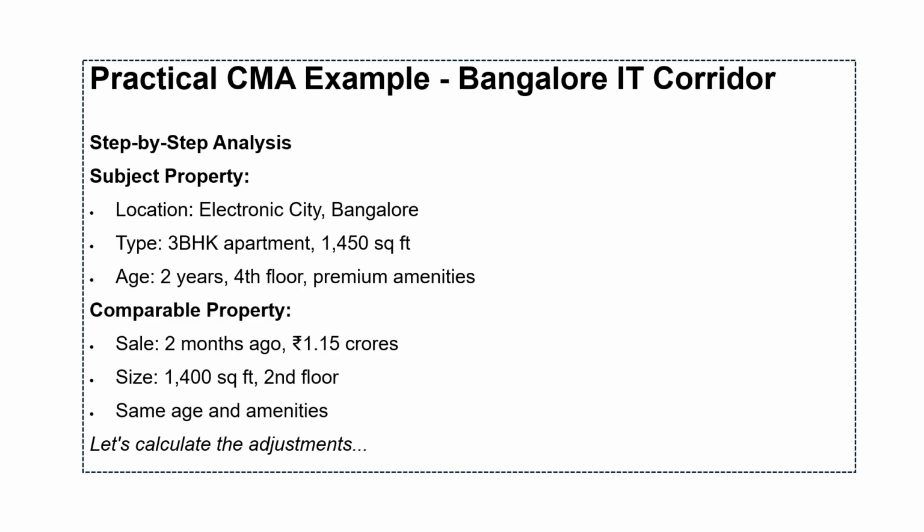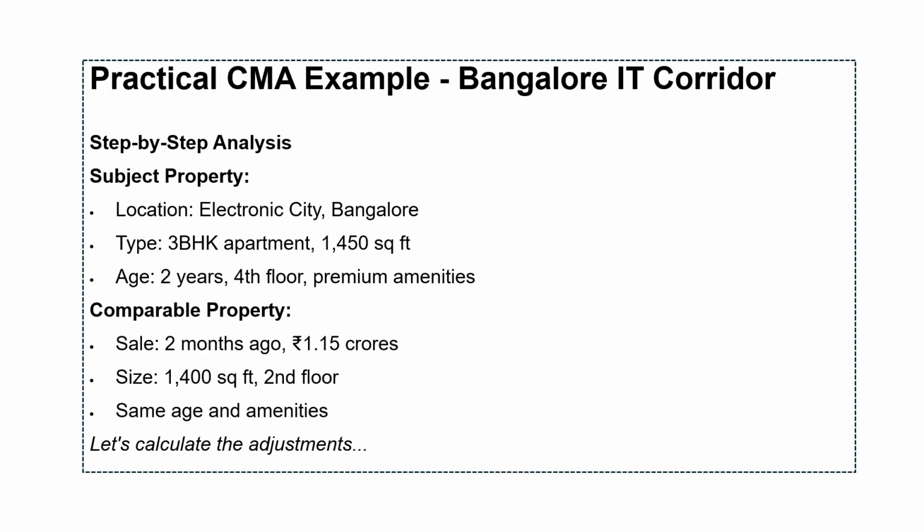These differences represent typical variation encountered in professional practice. The systematic adjustment process demonstrated in the next slide shows professional methodology and how multiple factors combine to determine the final conclusion. In this context, the broader IT corridor dynamic found in Bangalore, Hyderabad, Pune and other technology focused markets makes the methodology applicable across multiple Indian metropolitan areas.